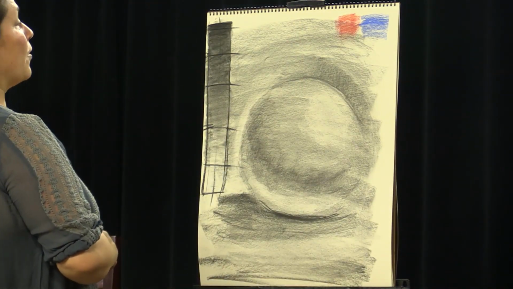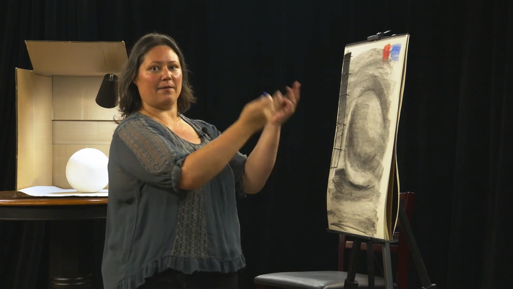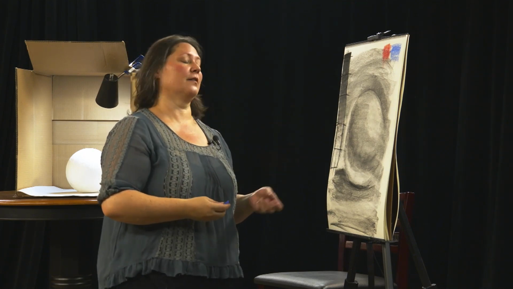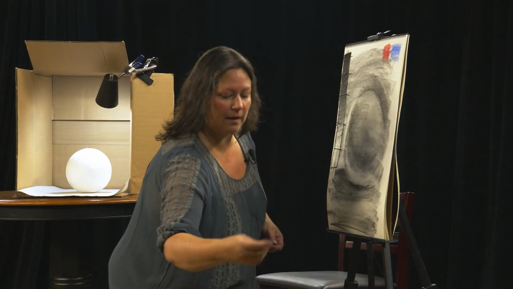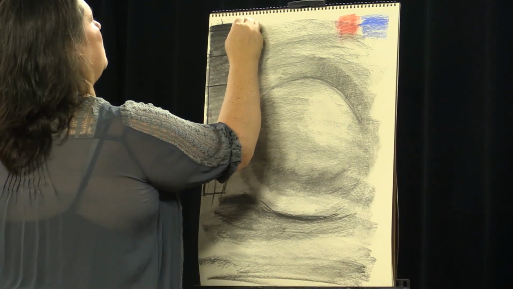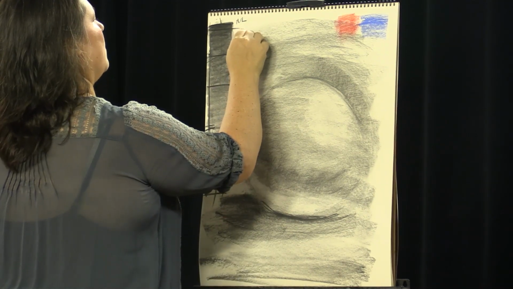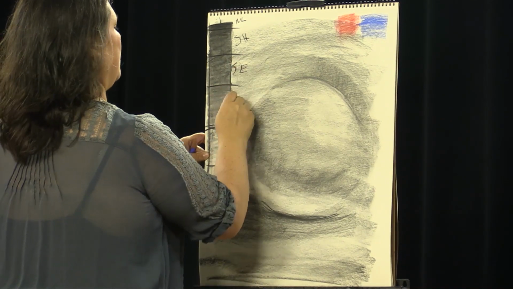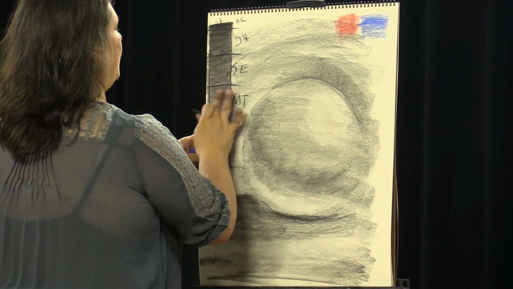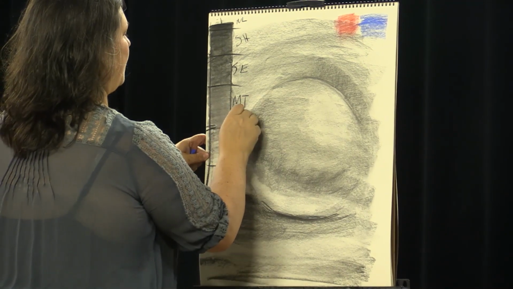There is a whole formula that can be applied to this. Just as much as we have this formula, we also have a formula for color temperature. With that in mind, I'm going to put in my little ranges so that we can keep track. No light, shadow, shadow edge, middle tone, it's a little bit lighter, and reflected light.